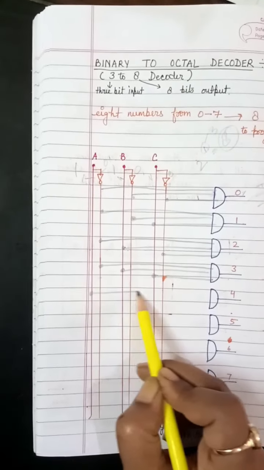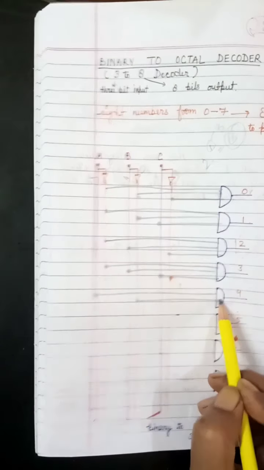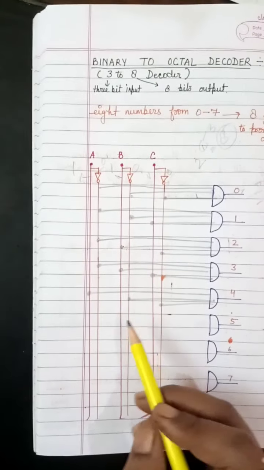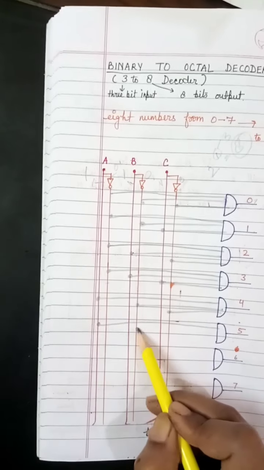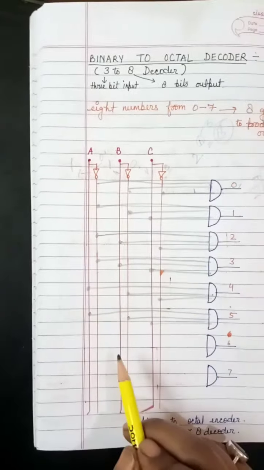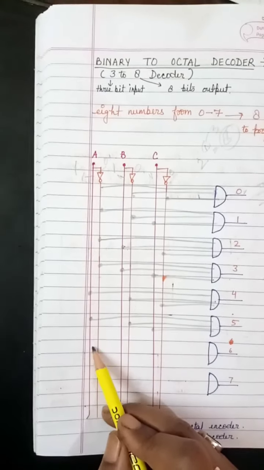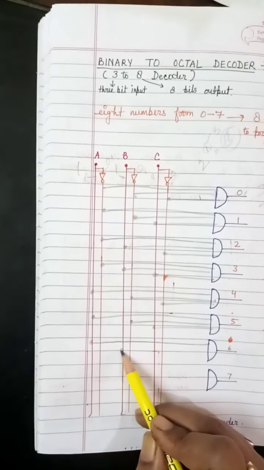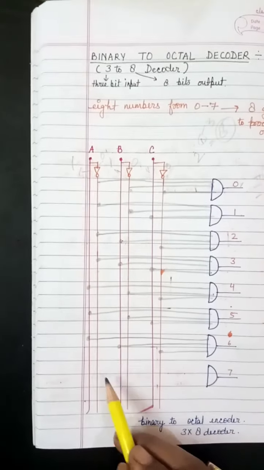For 4, 1 0 0. So 1, 0, 0. For 5, 1 0 1. So 1, 0, 1. For 6, the binary equivalent will be 1 1 0. So 1, 1, 0. For 7, 1 1 1.